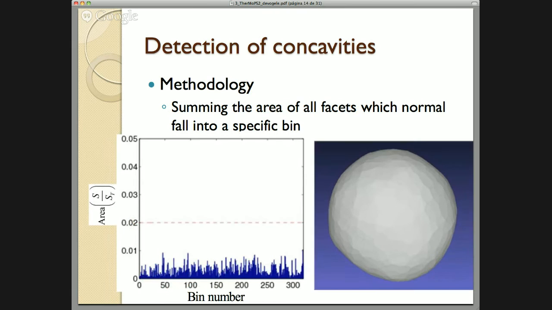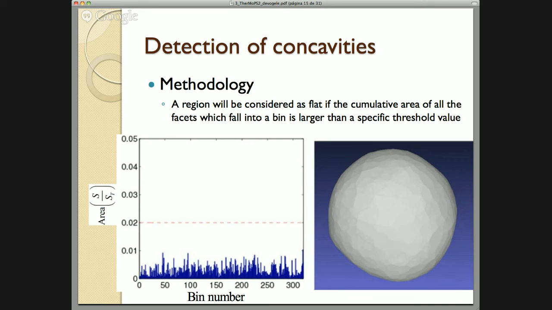Here you have a plot with the 320 bins that we use in this particular case, and the cumulative area in the bins, normalized by the total area of the shape model. You can see that in this specific case, which is a convex shape model not presenting any evidence of a flat surface, the maximum cumulative area is around 1%.